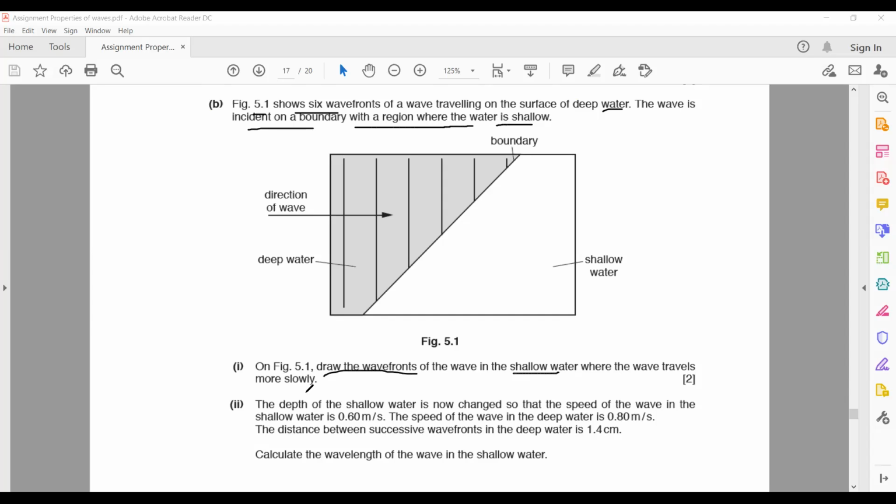So in the shallow, because it will move slower, it will be lagging or lag behind. So how do you draw these wavefronts? Using a ruler or a scale, you will draw the wavefronts. But all the wavefronts which you draw should be parallel to each other. It means these lines should be parallel to each other.